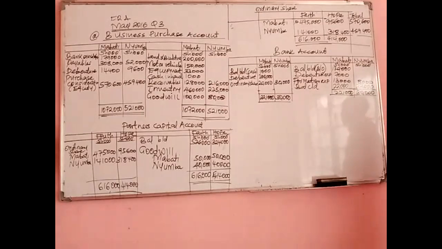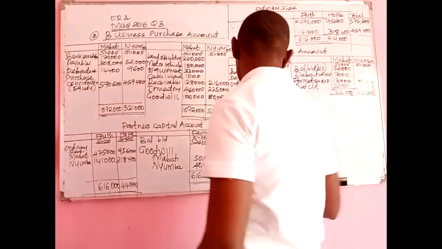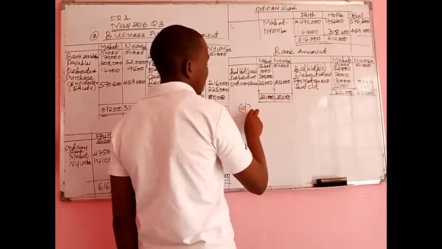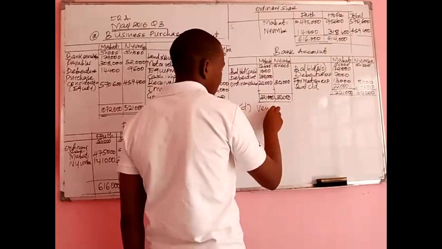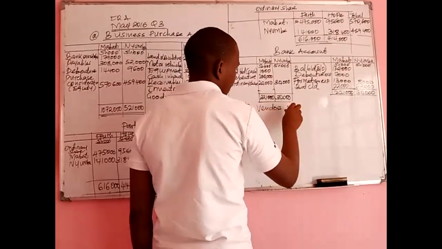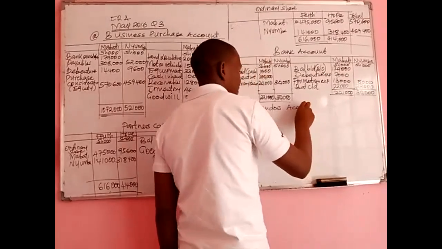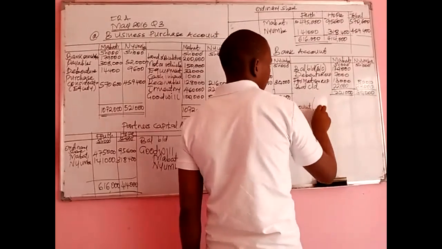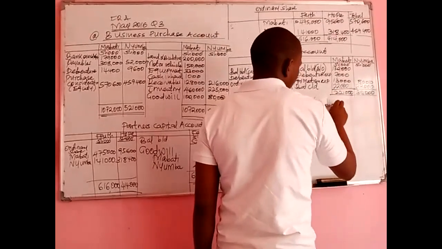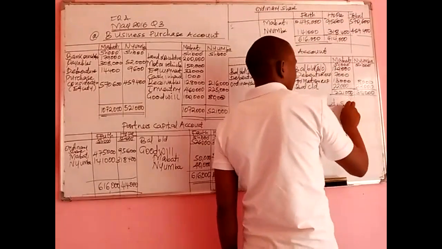Debentures are just like notes. Number 4 is the vendors account. Hii ni sasa the purchasing company account. Vendors account. Huyu sasa ni Mabati na nani? Mabati and Nyumba.